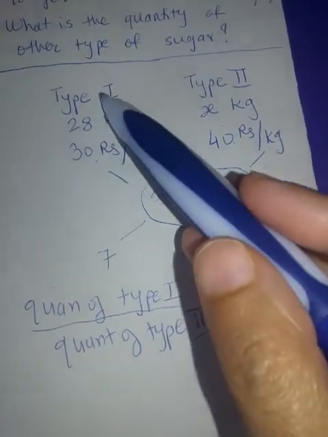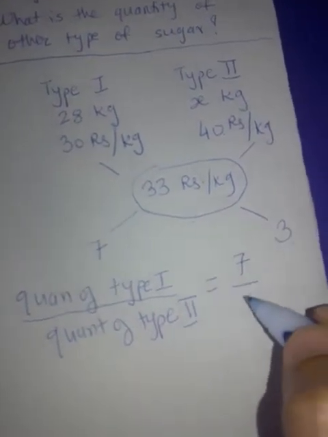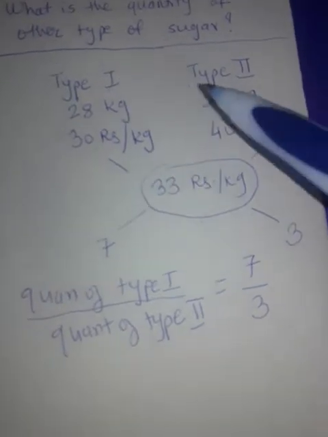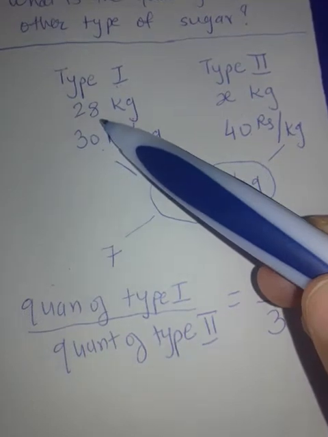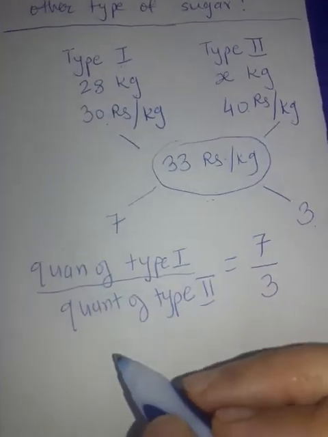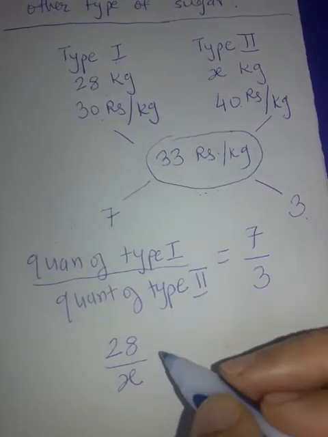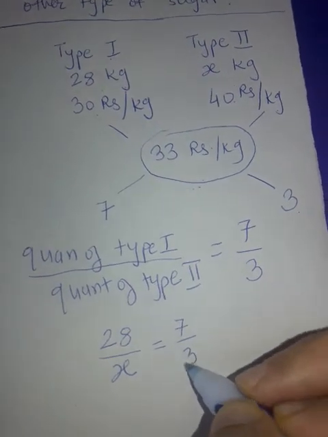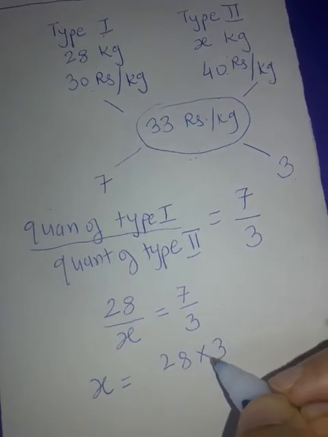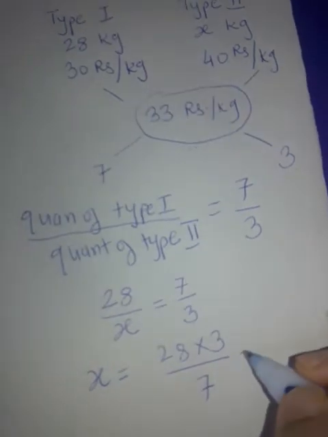Below type 1 there is 7, below type 2 there is 3. So this is the ratio in which they will get mixed. But the quantity of type 1 is already given to us, that is 28, and x is unknown, so I am going to substitute it here. This is 28 given to us, x we have assumed, and this is equal to 7 upon 3. So how do we find x? 28 into 3 upon 7.